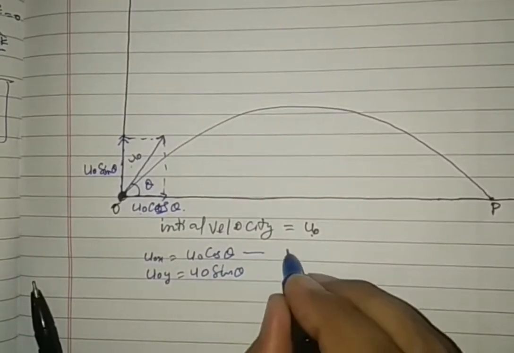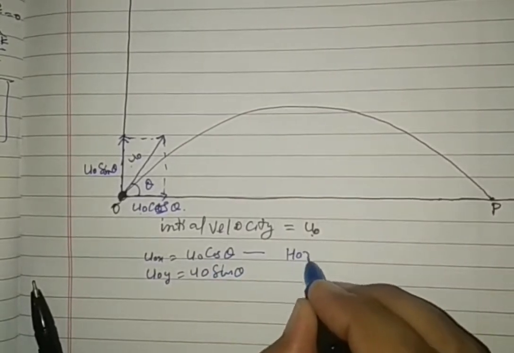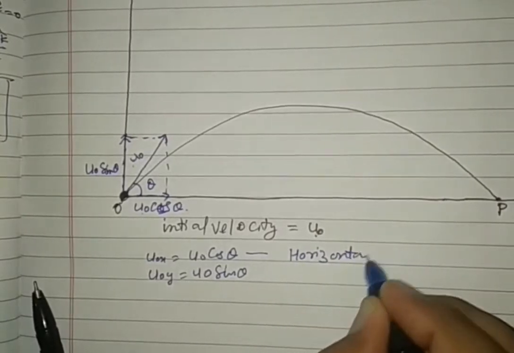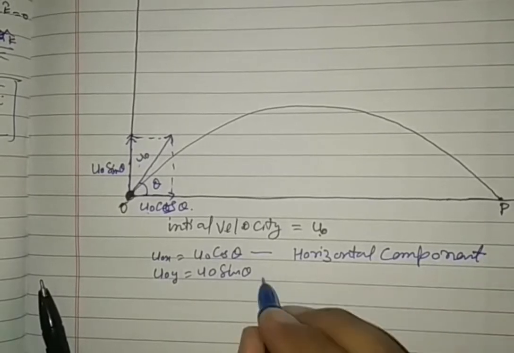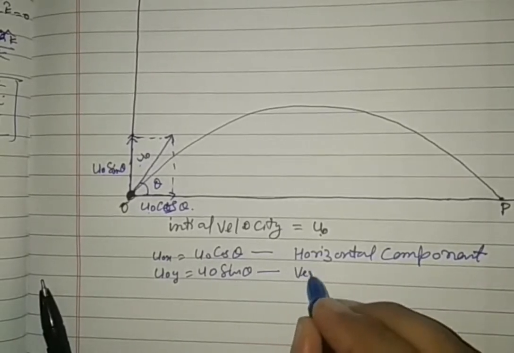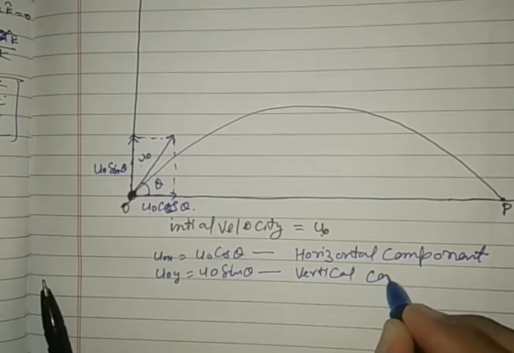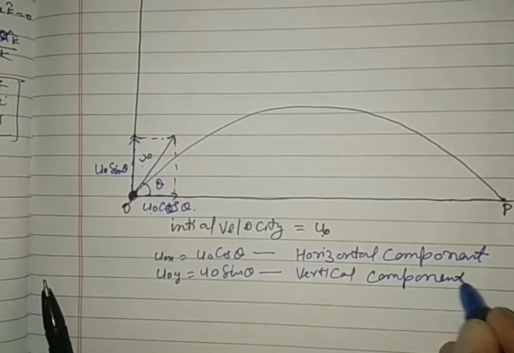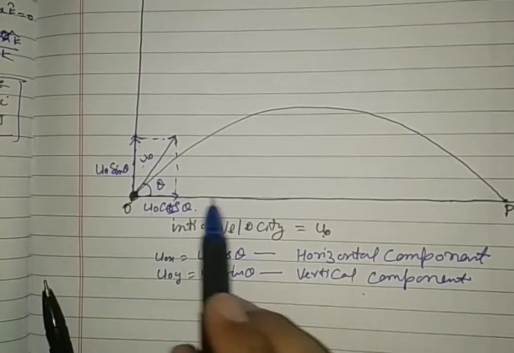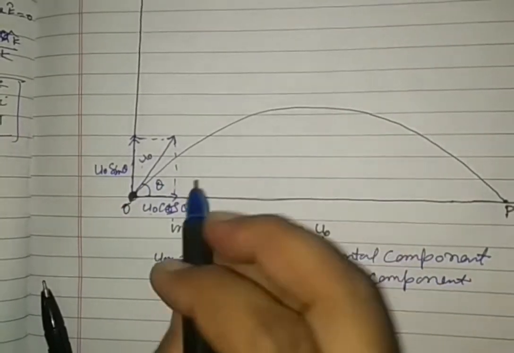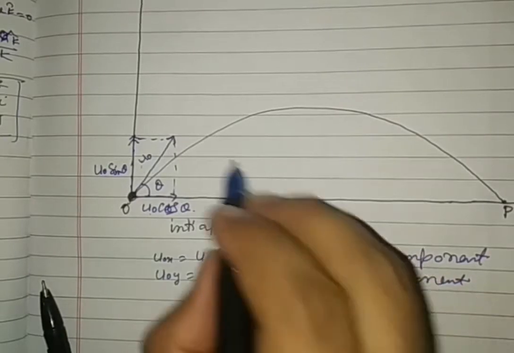The first one is called the horizontal component and the second one is called the vertical component. See here, when the body moves forward along the path, u cos theta remains unchanged.